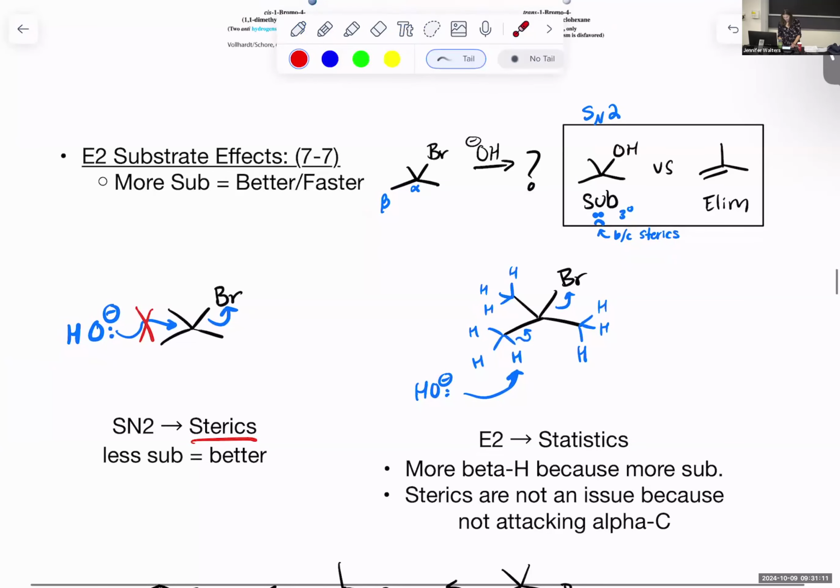For E2, the more beta hydrogens I have, the faster it's going to be.